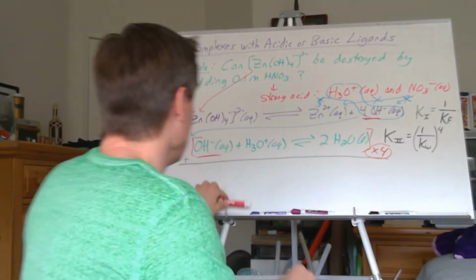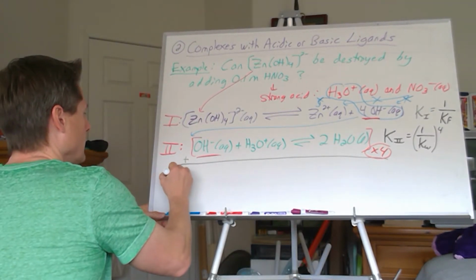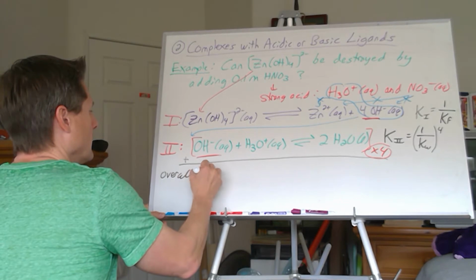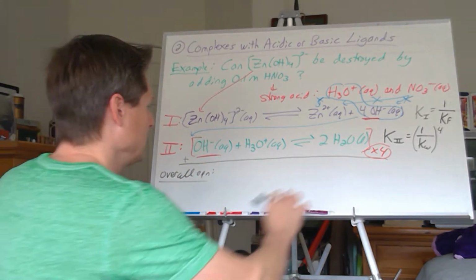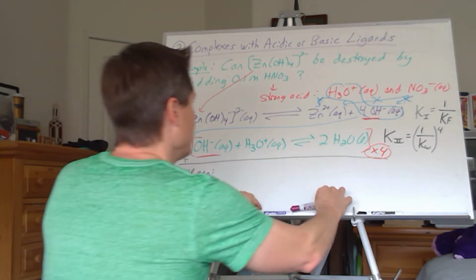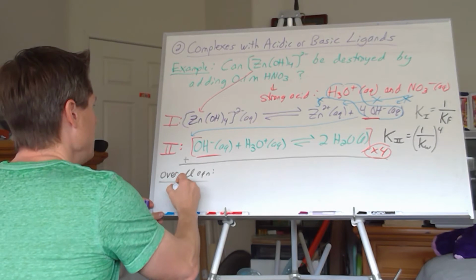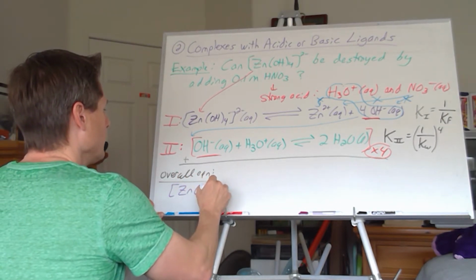Let's add these together. You ready? Let's get the overall equation when we add these together. I didn't multiply the first one by anything, so I'm just going to keep the original complex ion.